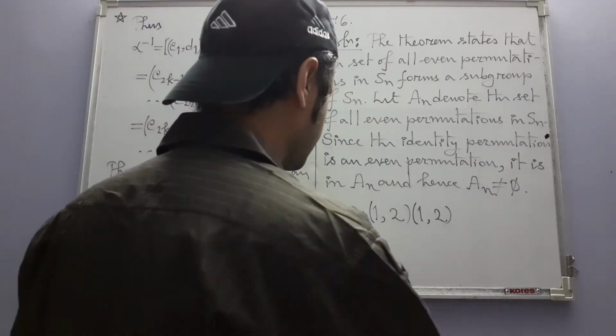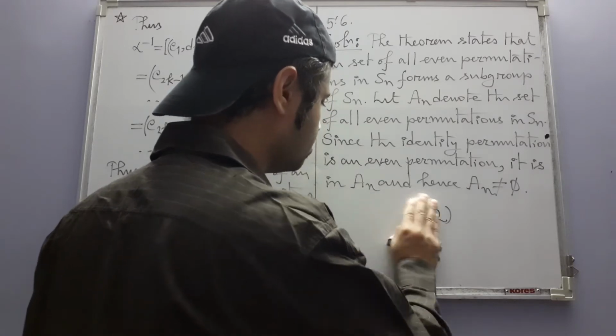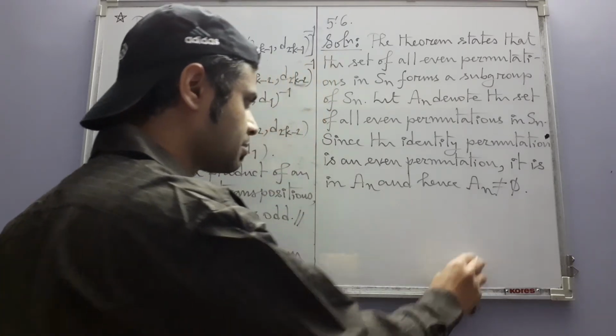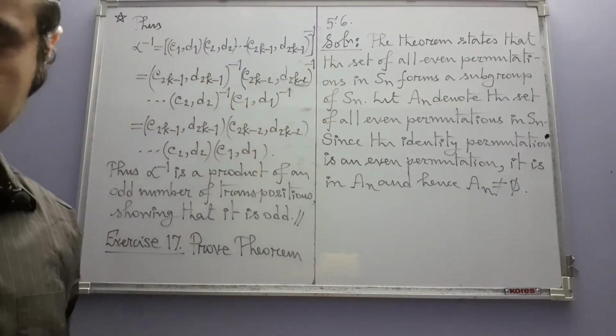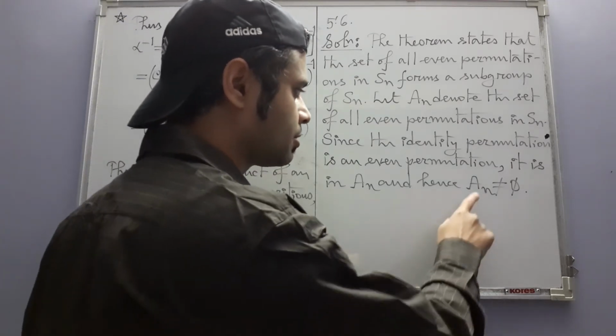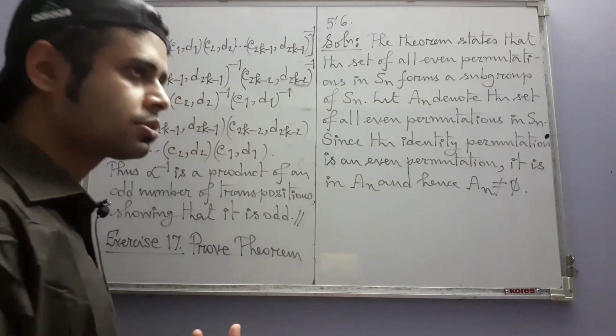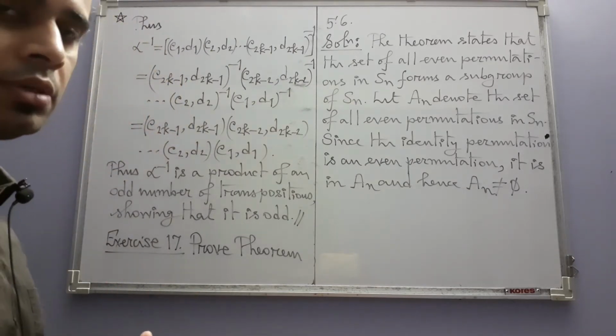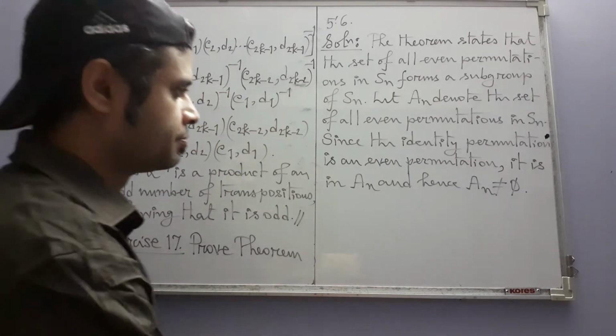Now because Sn is a finite group, we know from a previous result that to prove that An is a subgroup of Sn, it's enough to show that An is closed under the product that we have in Sn.